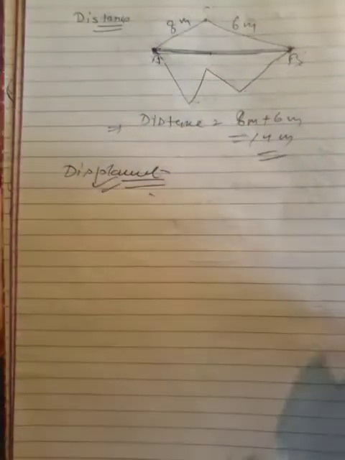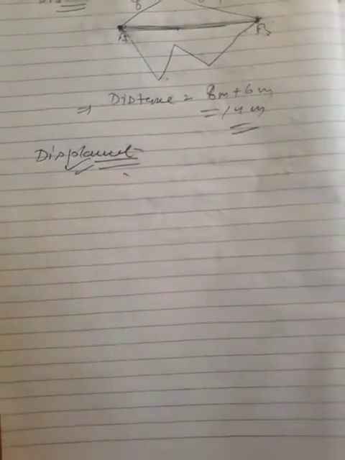This is the main difference between distance and displacement. Distance means the actual path length of a moving object. And what is displacement? The shortest distance between initial and final point is called the displacement.